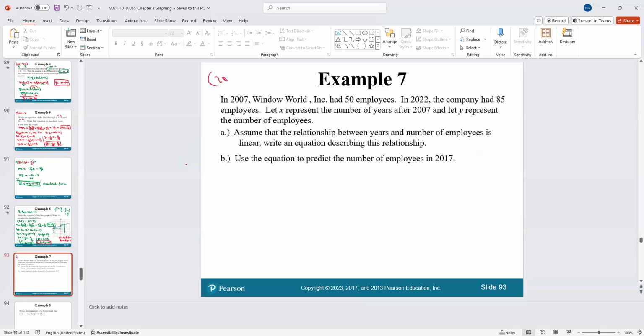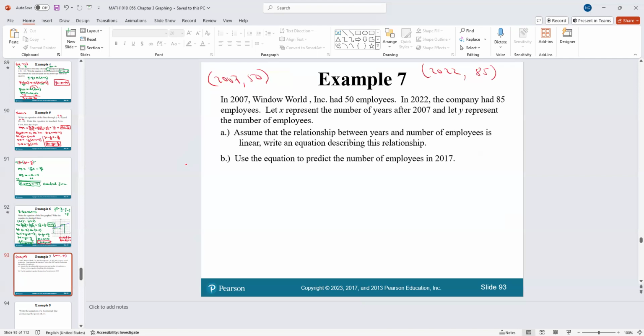In 2007, you have 50 employees. That's your first point. In 2022, you have 85 employees. What they ask you to do is assume that the relationship between years and number of employees is linear. Can you please write an equation describing this relationship?